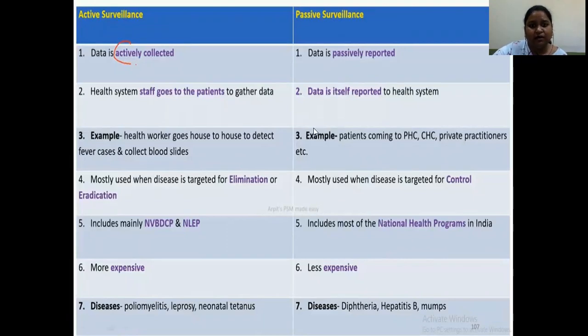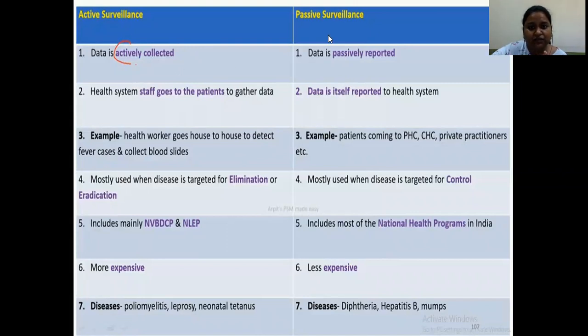If we differentiate according to the data, the data which is actively collected, where the health system staff goes to the patient and the healthcare professionals take part to gather the data, is known as active surveillance.